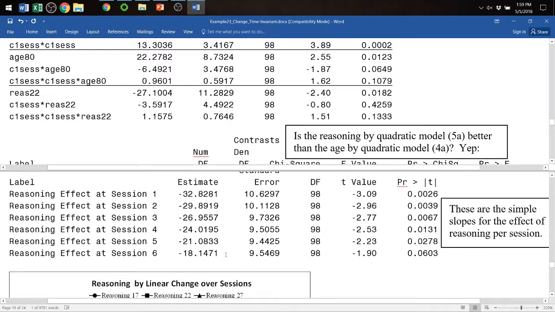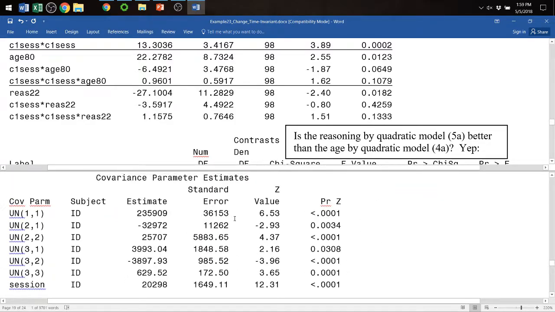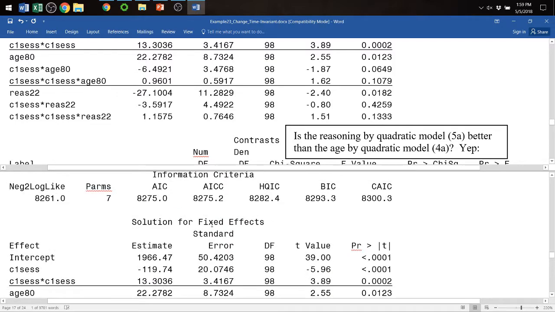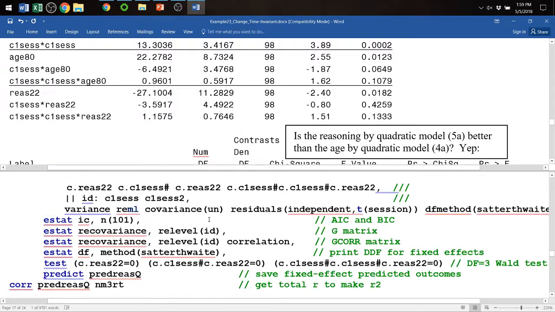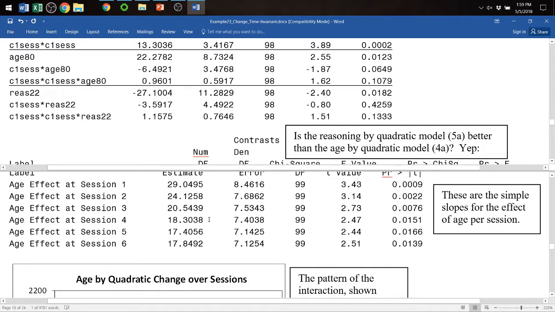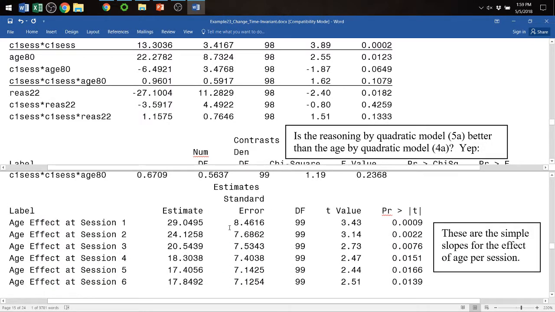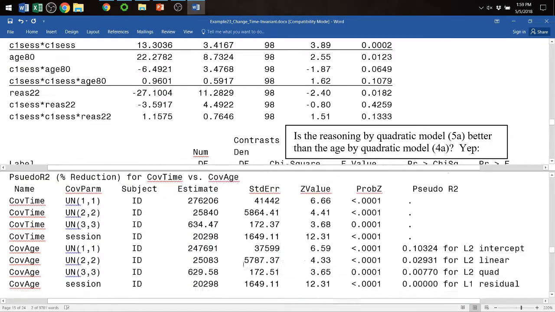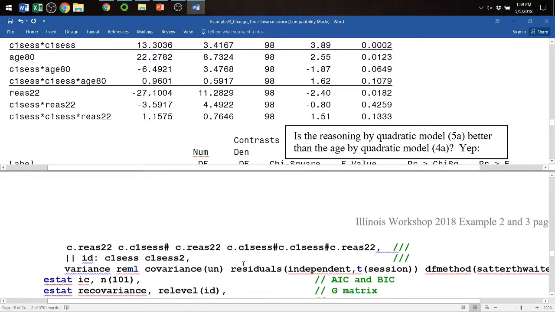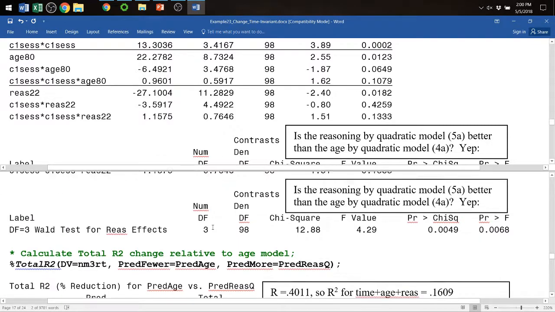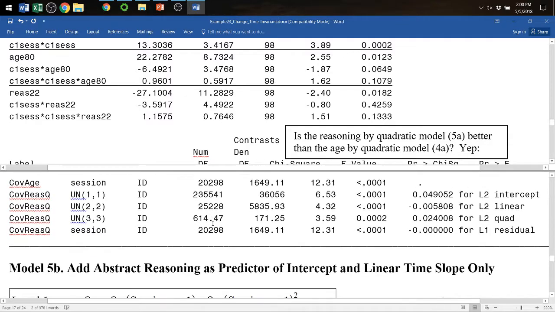So if we look at the standard errors for the simple slopes, let's say from the age model here, the simple slopes of age follow the same pattern. They're high at the beginning and they start coming down. The ends are less well estimated, so the standard errors tend to be a little higher and most concentrated towards the middle. So I wouldn't necessarily call this like a collinearity problem or anything.